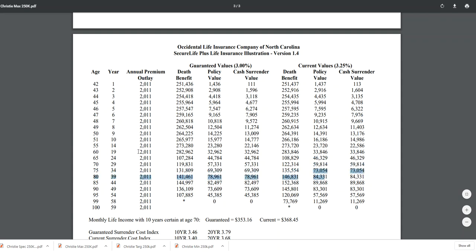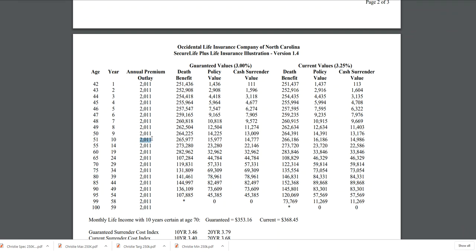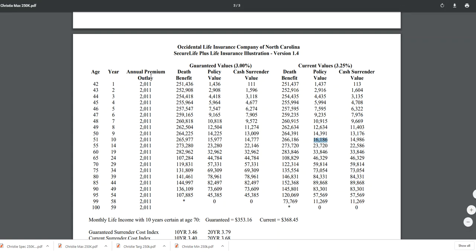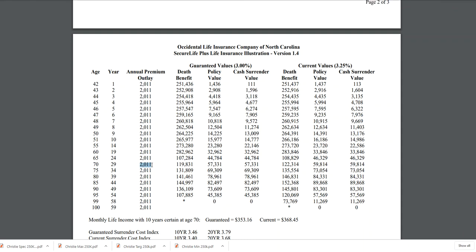And if you really multiply, for example, 10 years times $2,000 outlay, there's going to be about $20,000 outlay in 10 years, but the policy value is right at 16,000. So that really means that for 10 years she only paid basically $400 a year for her policy. If you look into later years, like 29 years, this is almost 60,000.